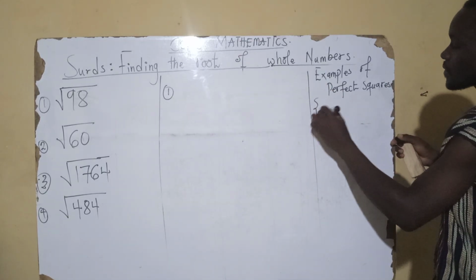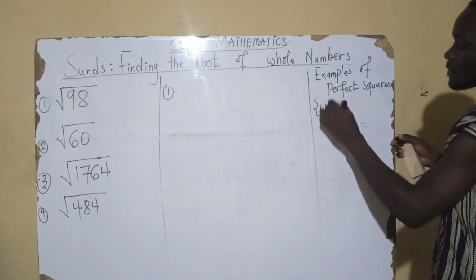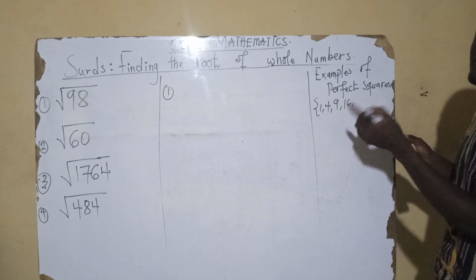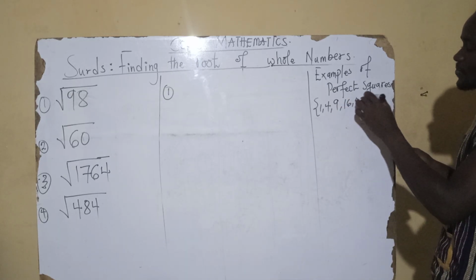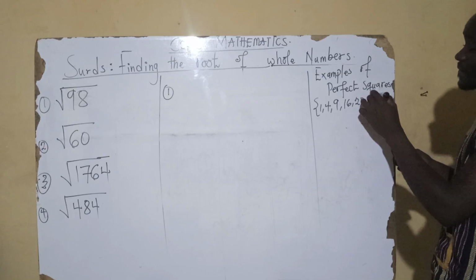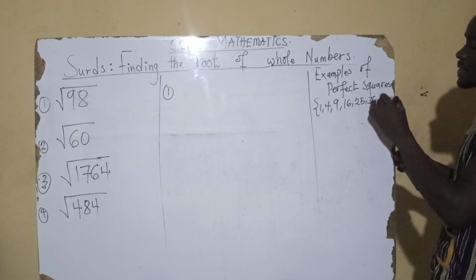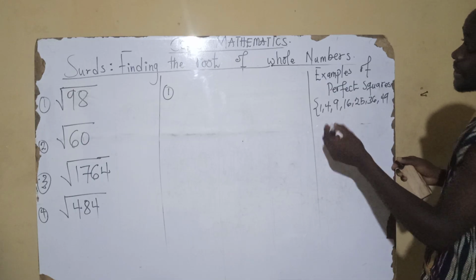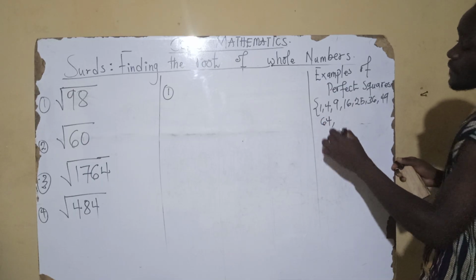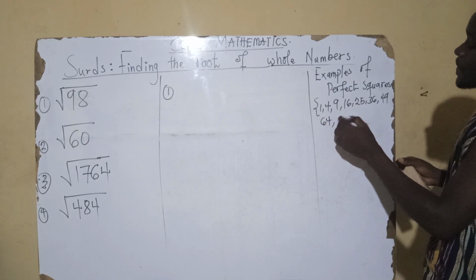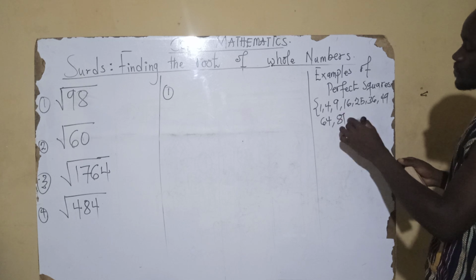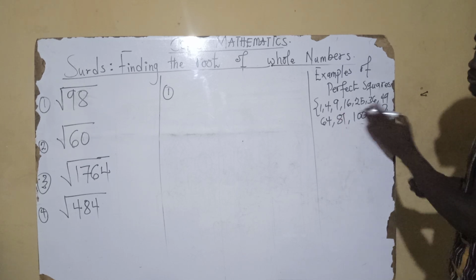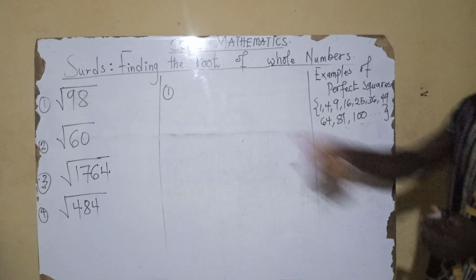We made mention of 1, 4, 9, 16, 25, 36, 49, 64, 81, 100, and so on and so forth. We are going to use any of them to solve one of these questions.